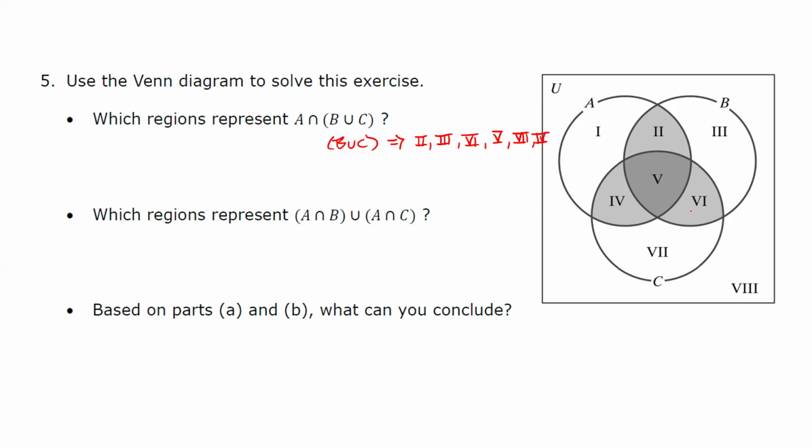Okay, so B and C. Now A would be the regions 1, 2, 4, and 5. So we now want the intersection between the two. So what do they have in common? So that would be 2, 4, and 5.